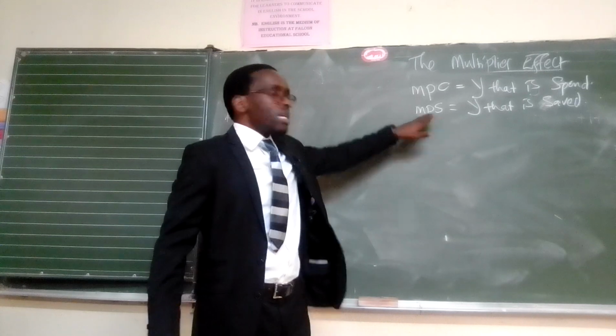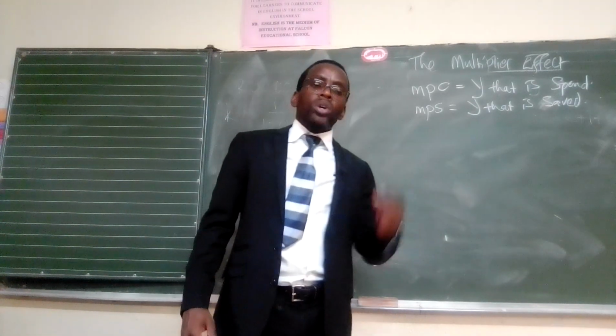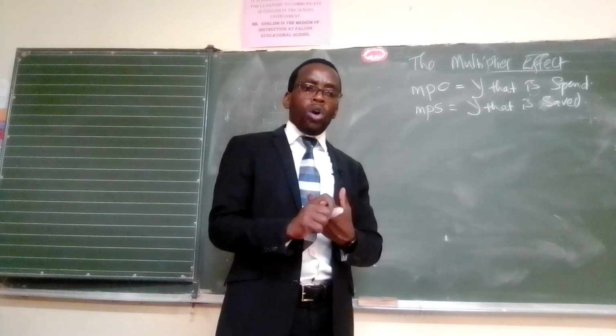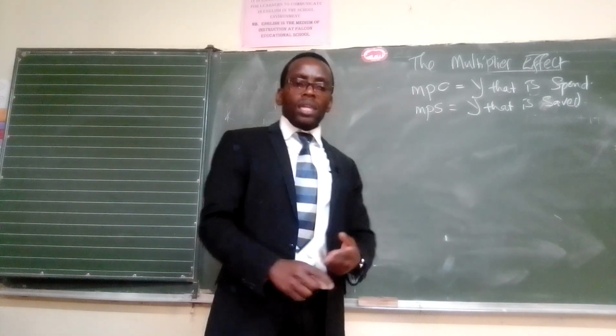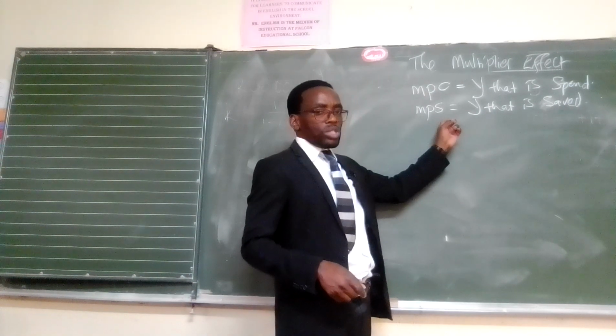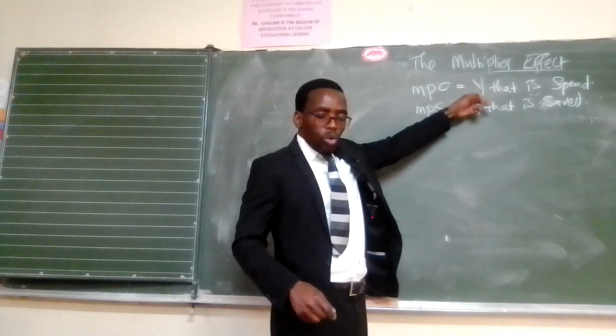That's the MPS. Now, you do now understand that when you receive income, you have two options. Either you are going to save it or you are going to spend it. If you save it, then that's marginal propensity to save. If you spend it, then that's marginal propensity to consume.